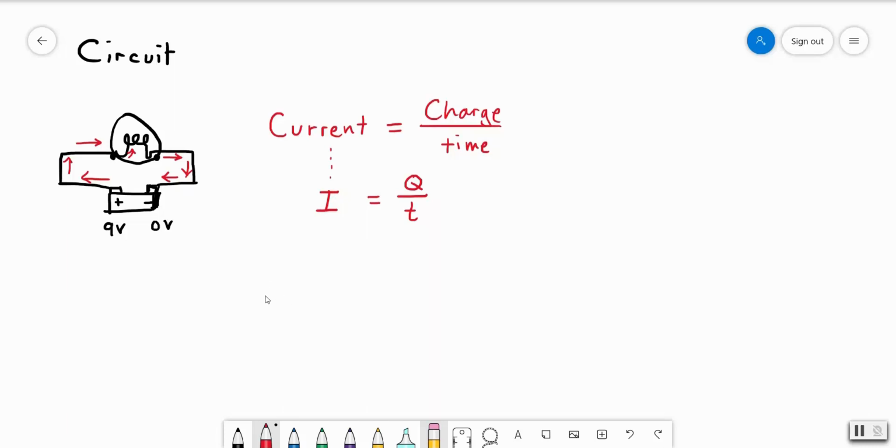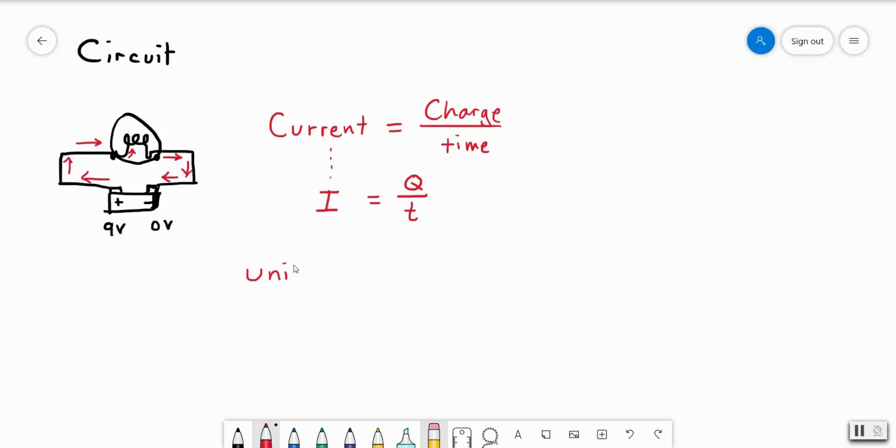So now you can calculate, if you know how much charge manages to go through your bulb in a certain amount of time, let's say a minute, then we can figure out what the current is. Now what's the unit of current?